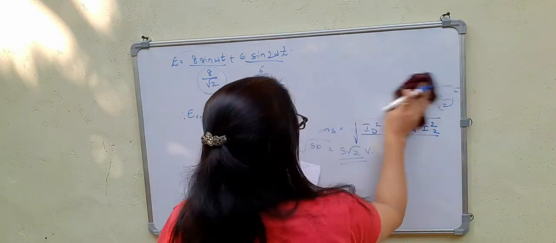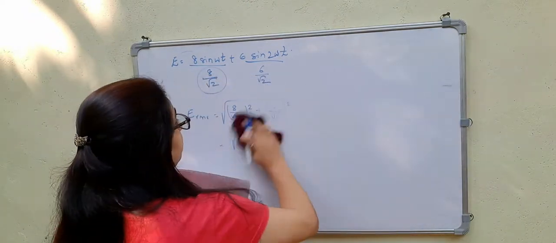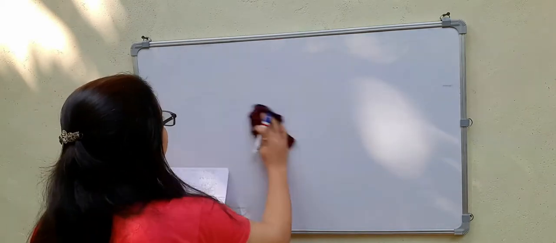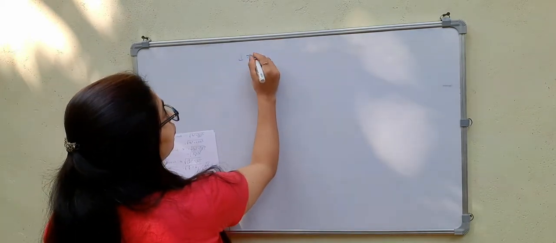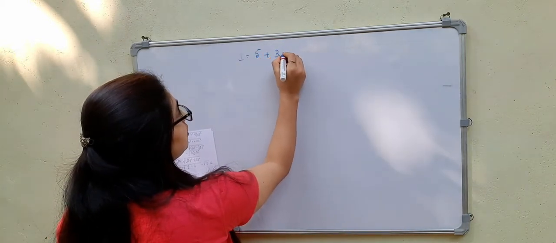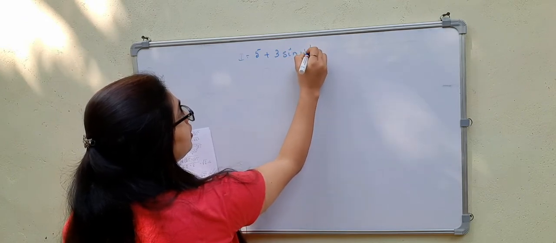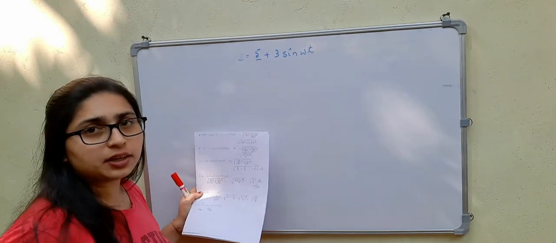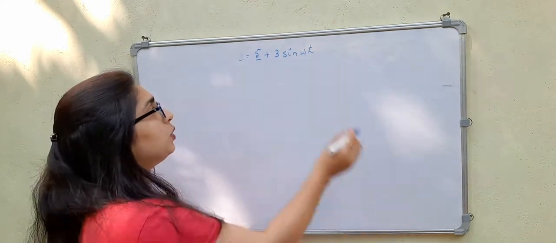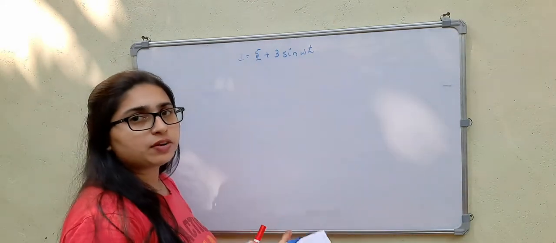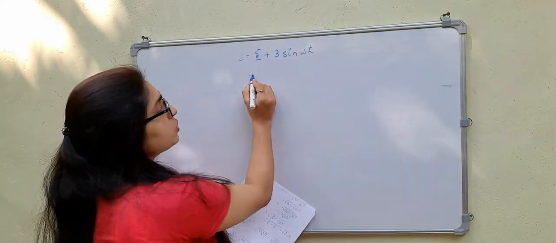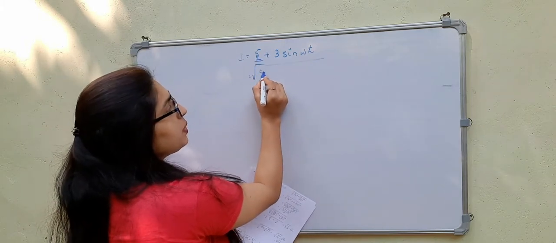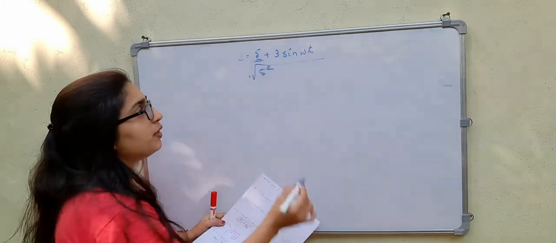Next is I is equal to 5 plus 3 sin omega t. This is the DC term, so the RMS value, or average value, is equal to this value. So square root of the RMS value, 5, so square of that.